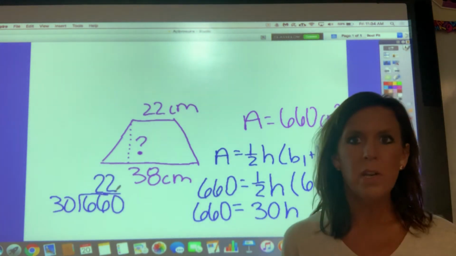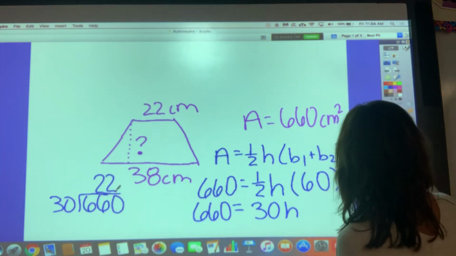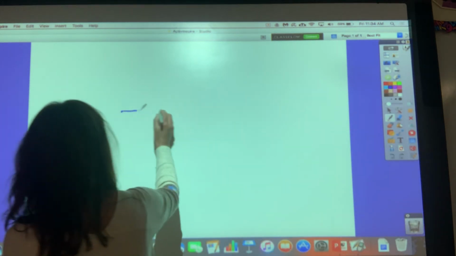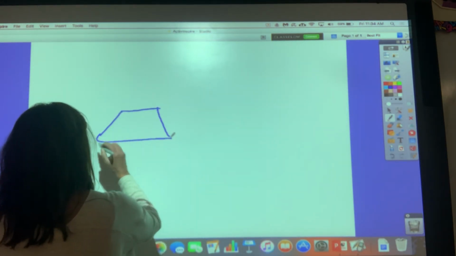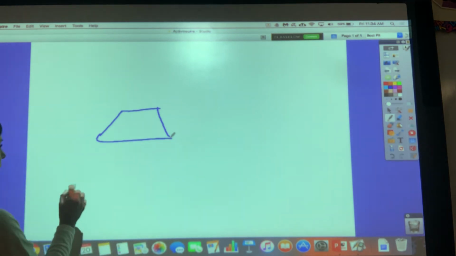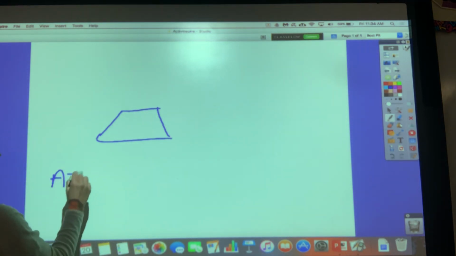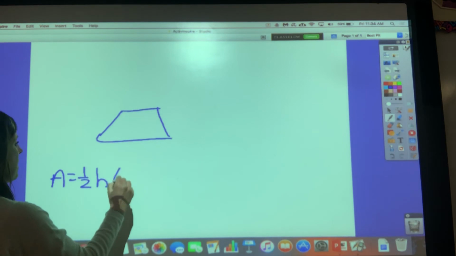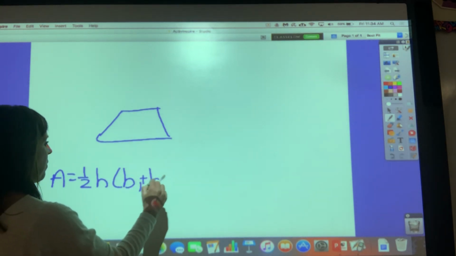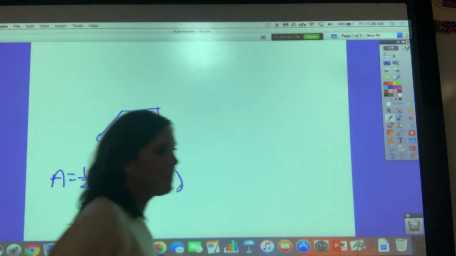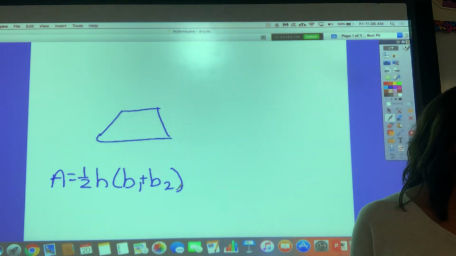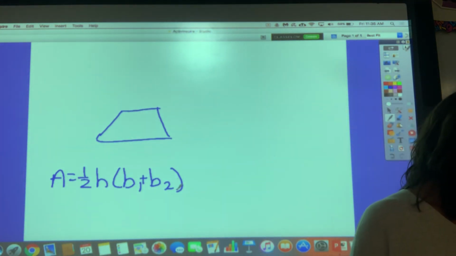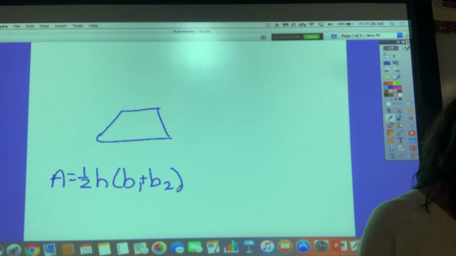Okay, let's do one more problem like this. And so again, we're going to have a trapezoid, and we're going to have our trapezoid formula: area equals half the height times the addition of the two bases. And then we're going to be given some information, and we need to figure out what would be the missing information.